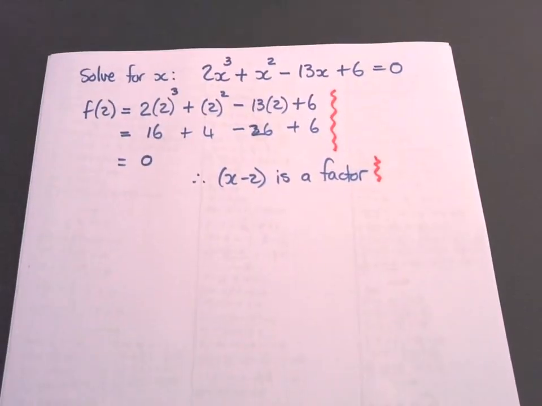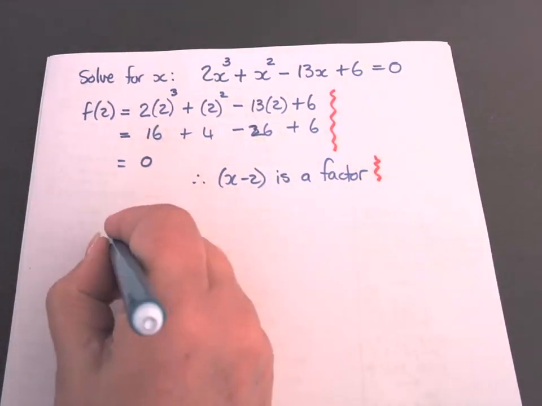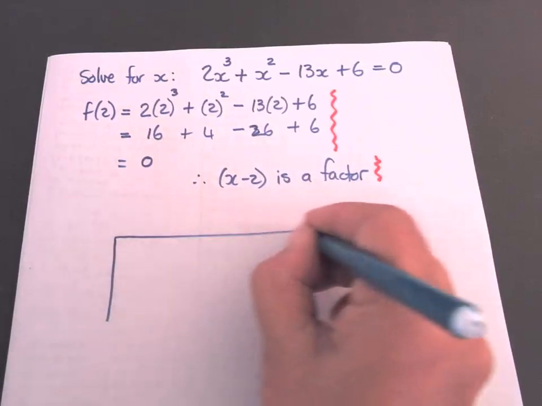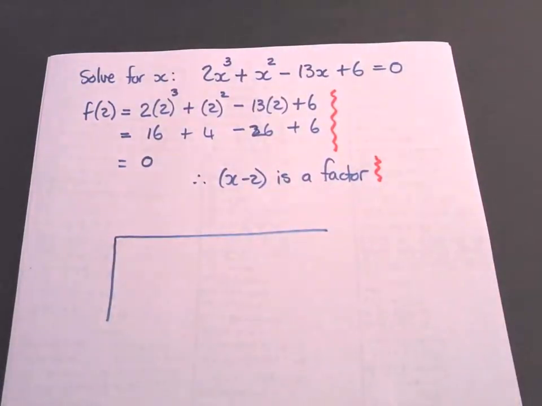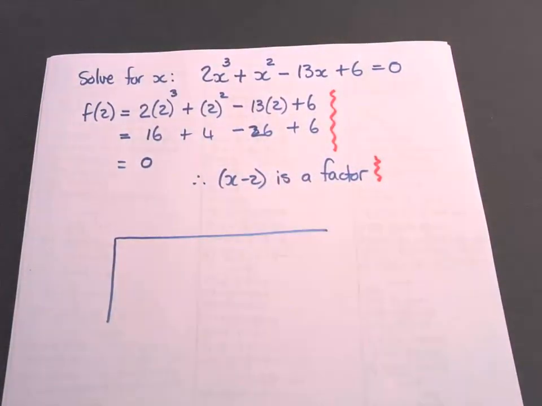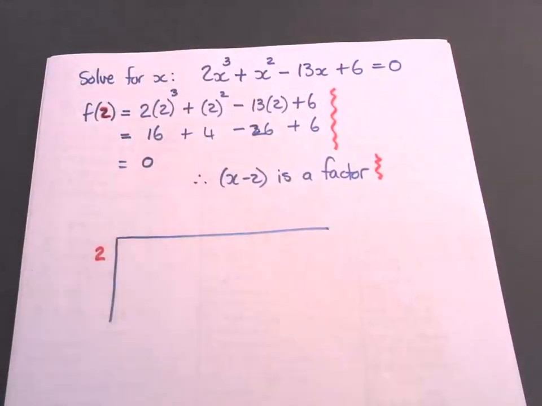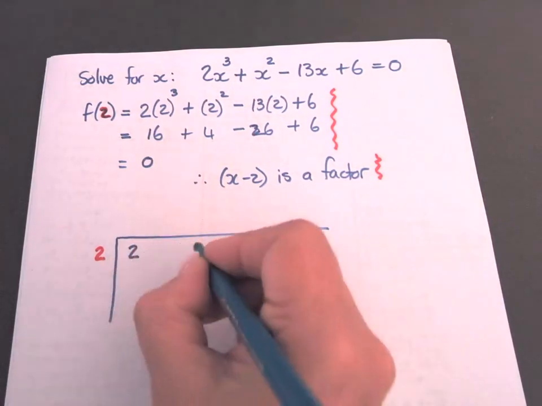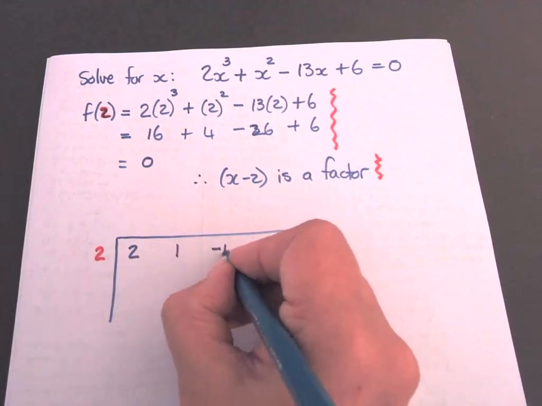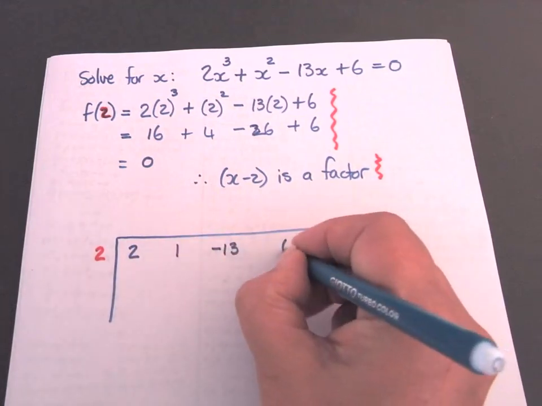Now we're going to use synthetic division to find the other big factor which you can factorize. You draw your big divide. My factor is 2. The one in brackets is written in front. Then I write the coefficients: 2, 1, negative 13, and 6.